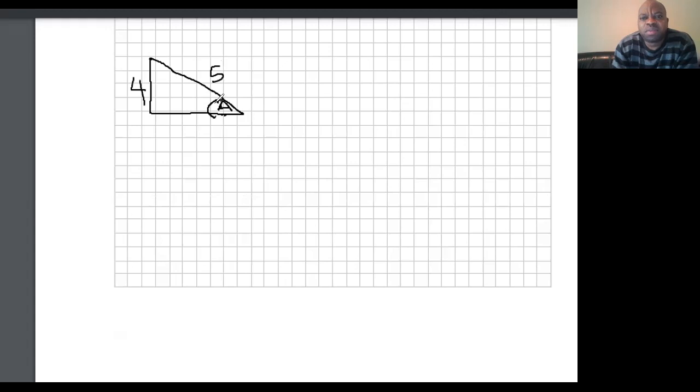Many students can't find the value of this angle. They might be told to find angle A, but a lot of students find it difficult. This is a right angle triangle. So before you solve this, since you know it is a right angle triangle, try to write this somewhere.